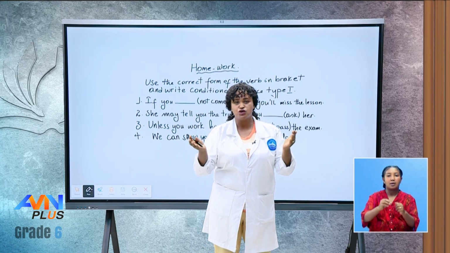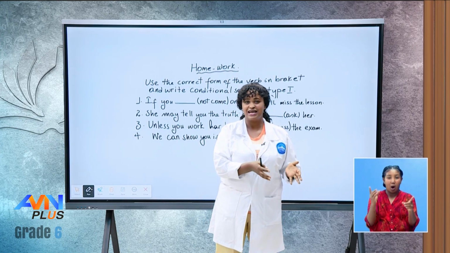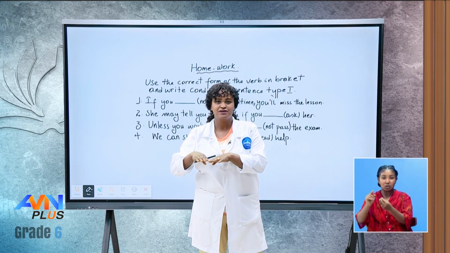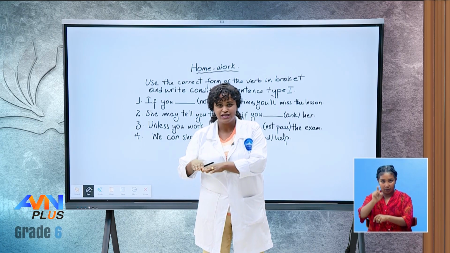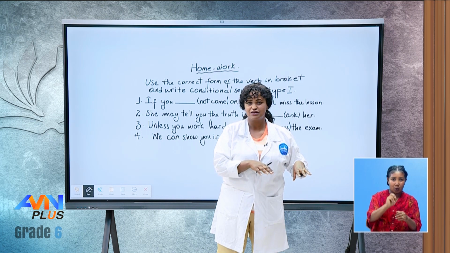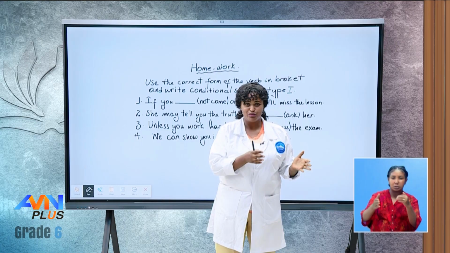In the possibility condition, since there is a possibility to happen, yeah, the main clause is future, and the condition you set, or the if clause, is what? Simple present. Simple present with simple future. Yes? Or you can begin vice versa. Simple future with simple present.